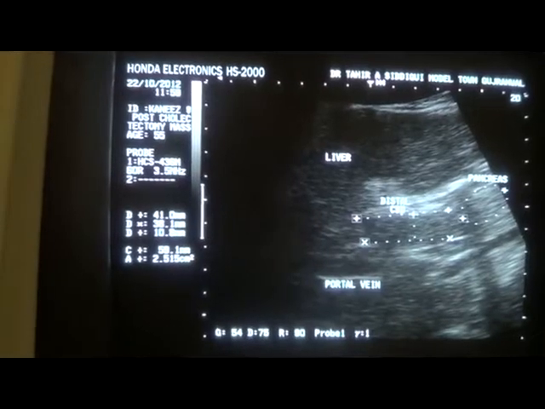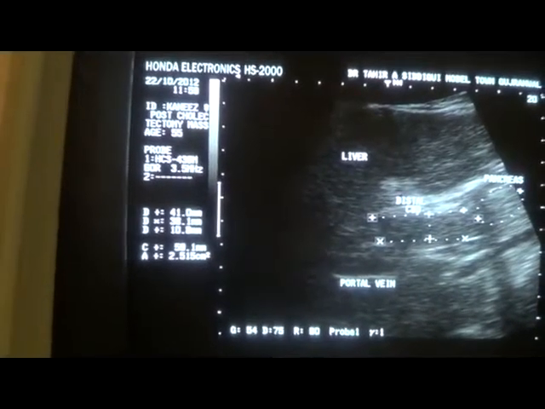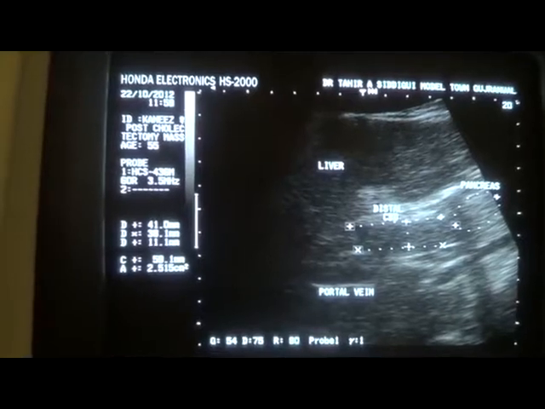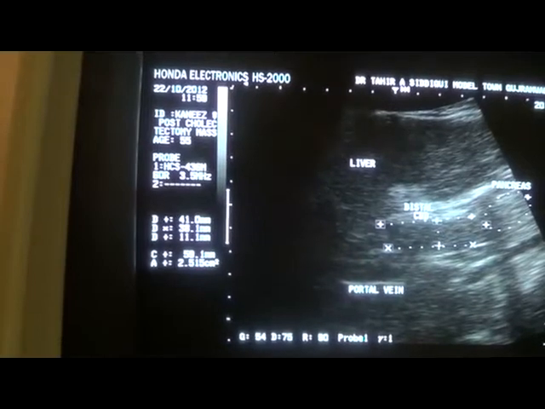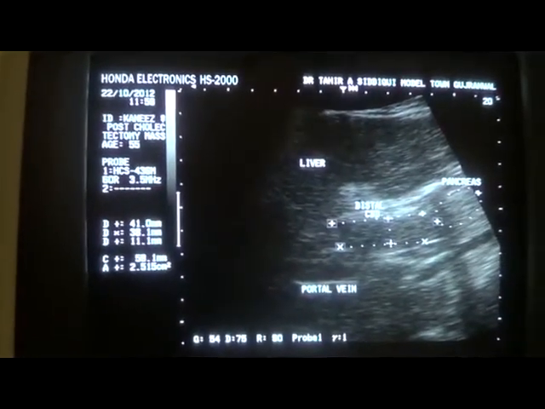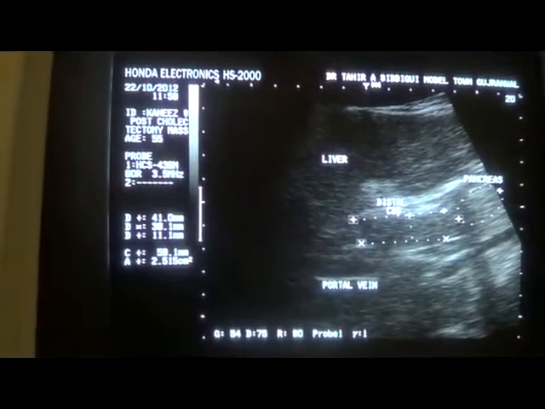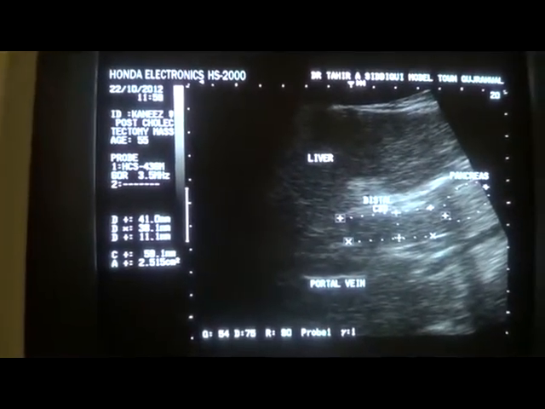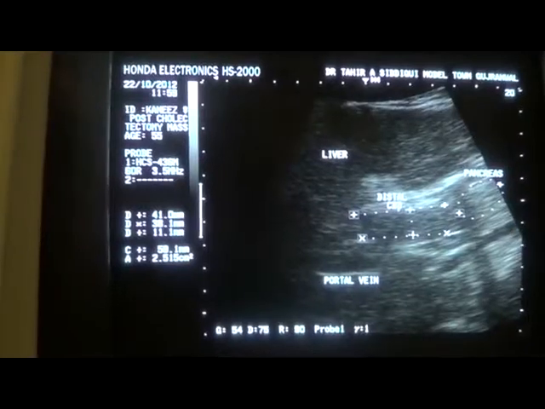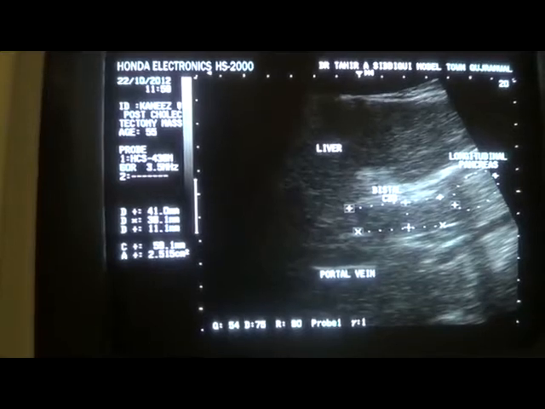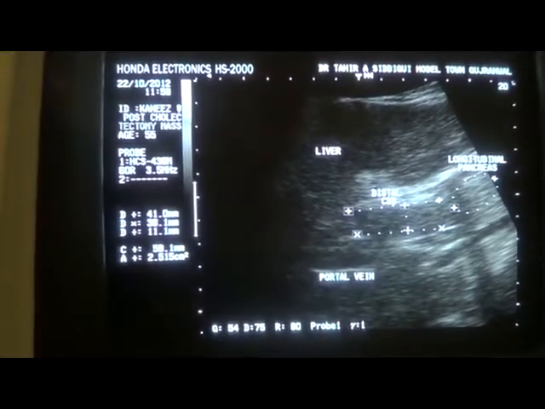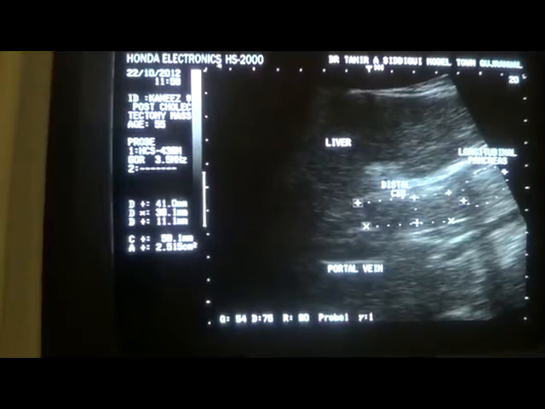And the dilated common bile duct measuring approximately 11.1 millimeters without gallbladder, whereas normal measurement should not exceed 9 millimeters without gallbladder, as we know that the gallbladder has been removed in this case. And this is the second pathology, which is suggestive of cholangitis.